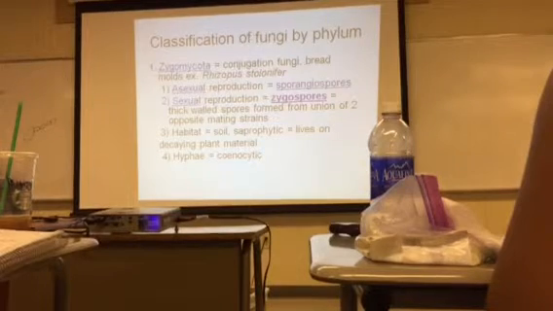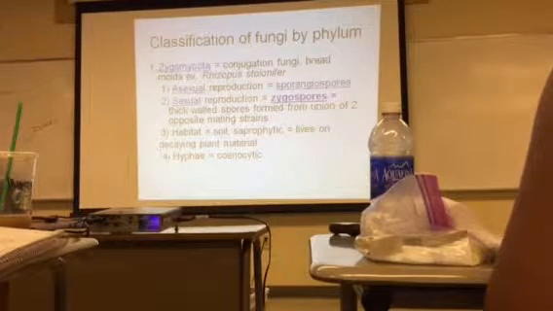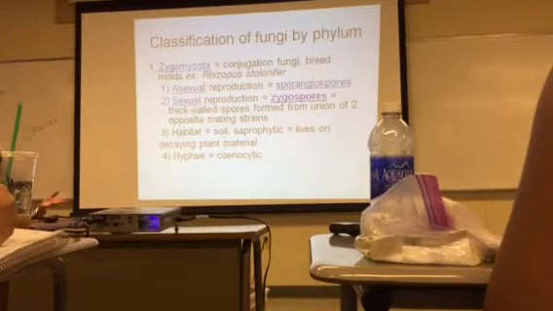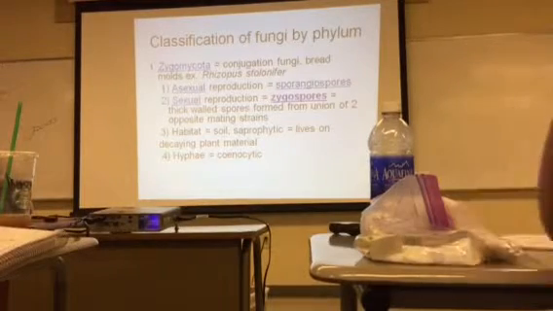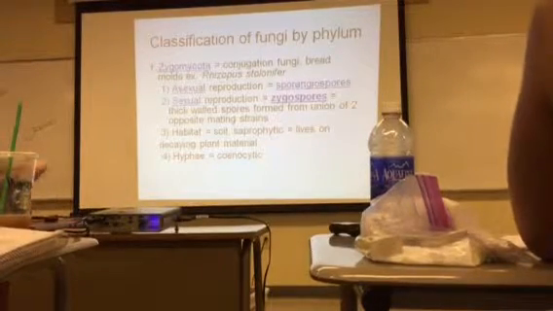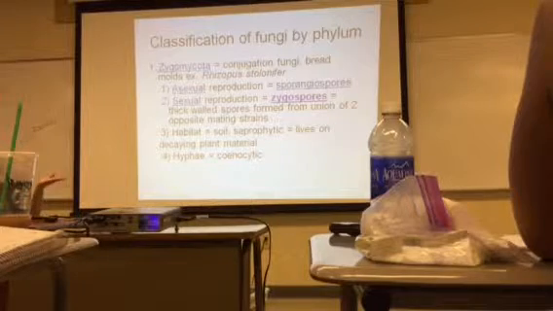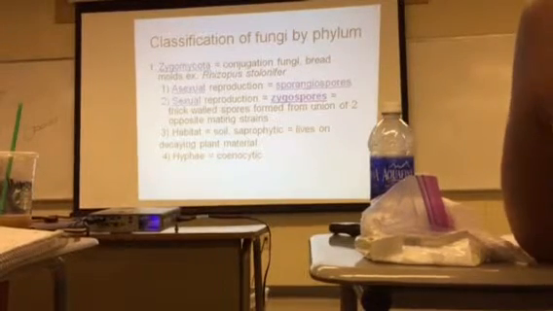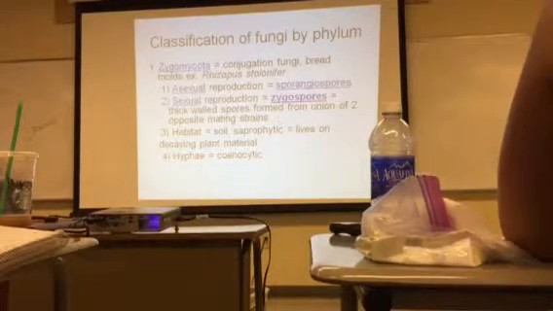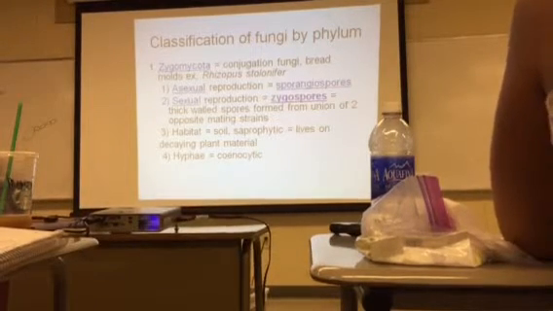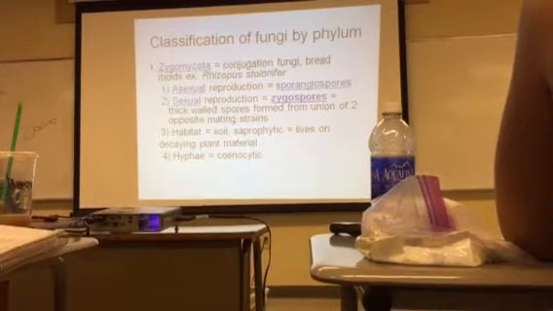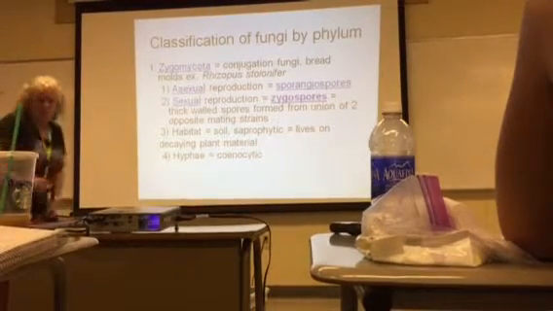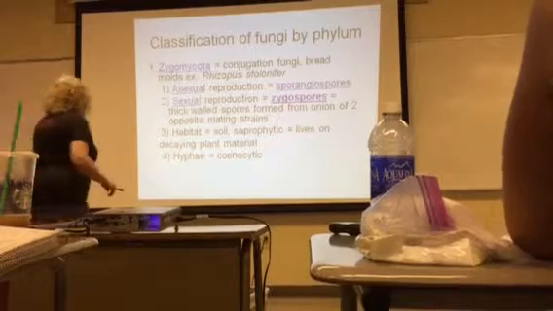Asexual reproduction is by sporangiospores, so that just involves one parent hyphae, and it's going to make asexual spores that when they germinate will be exactly like the parent. It also has sexual reproduction, and it's going to make a zygospore. These are thick-walled spores, and they form from the union of two opposite mating strains.